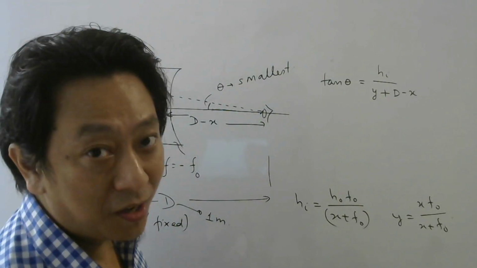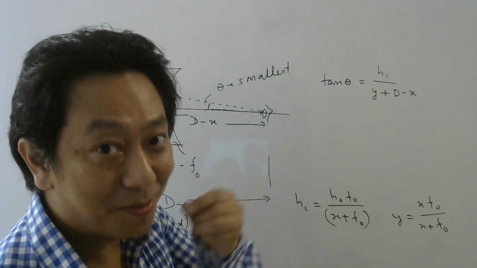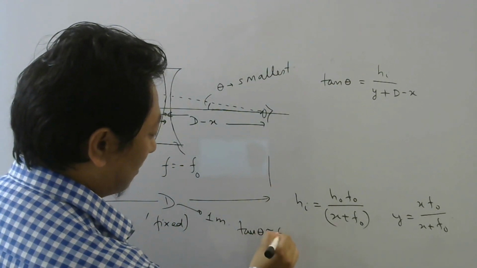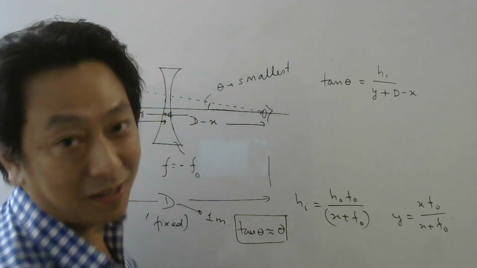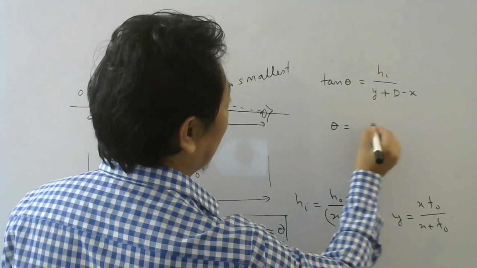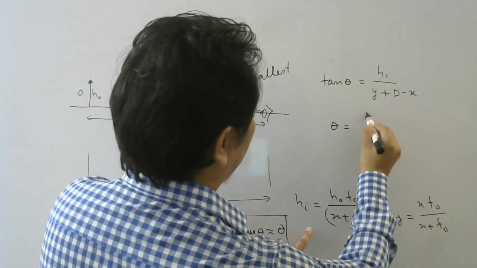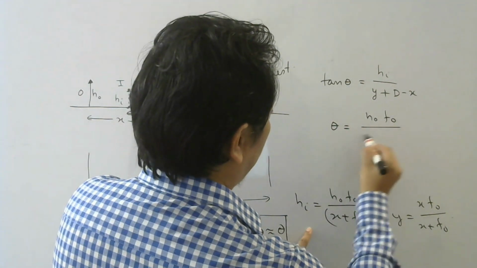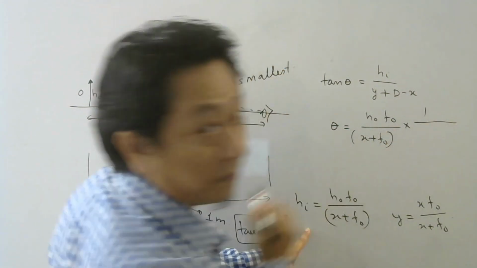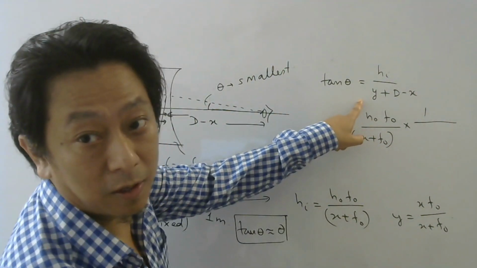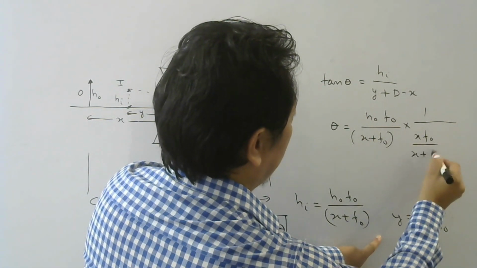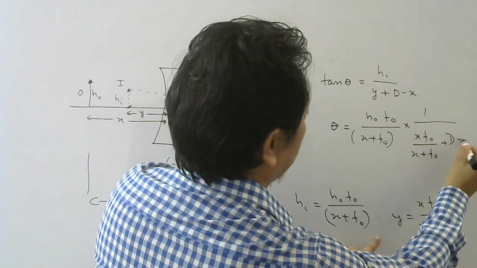Now remember, in optics these angles are always considered small. So tan of very small angle is same as angle in radians, right? So tan of angle can be written as angle. Image height, how much we found? h naught f naught by (x + f naught) into 1 by this y. Now this y itself has a formula, x f naught by (x + f naught) plus d minus x.